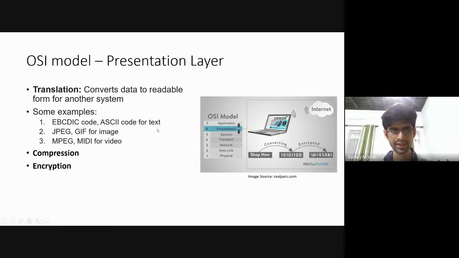That translation it does, and then compression it can do, and encryption also it will be doing. Compression is basically compressing the data so that it doesn't have to send more data. And then encryption is basically preventing attackers and eavesdroppers from getting the data, using cryptographic methods.